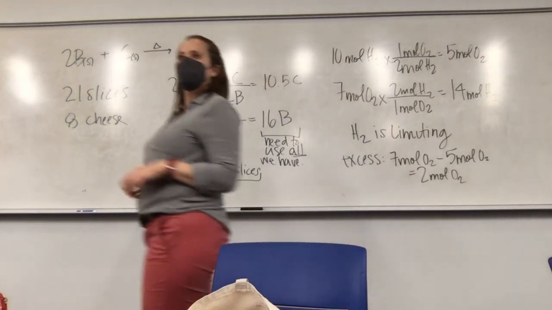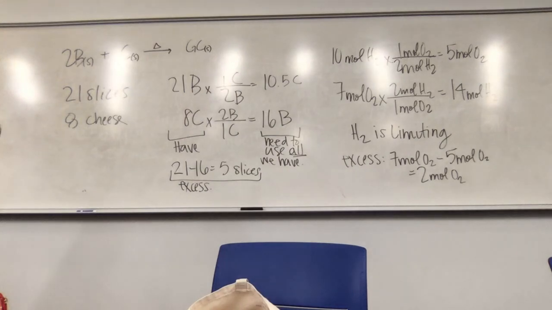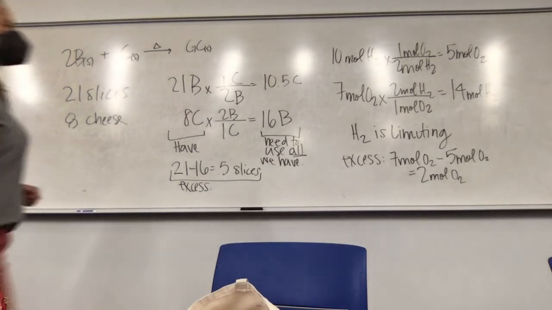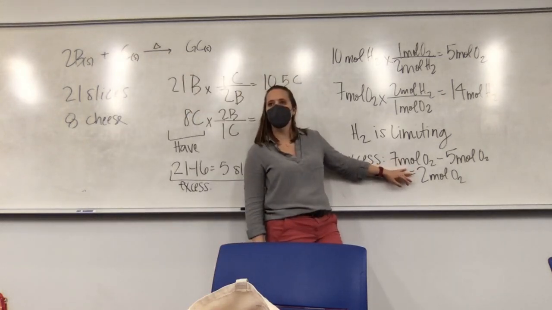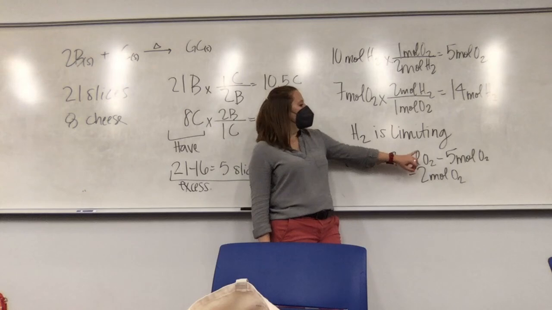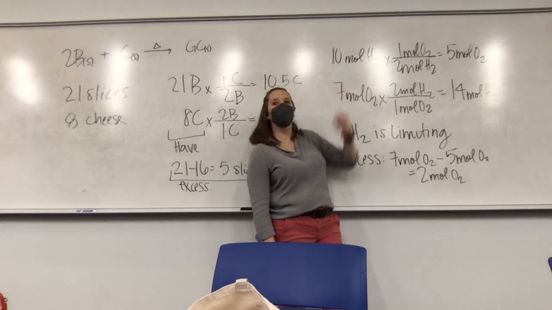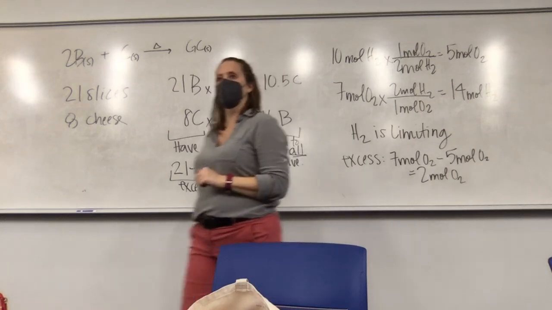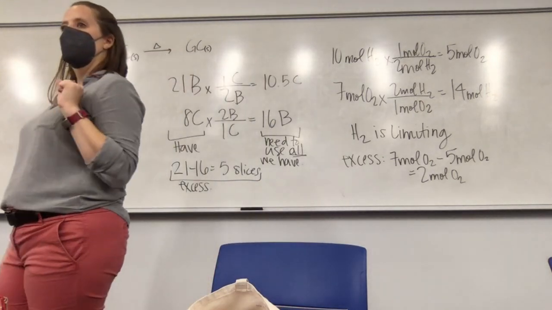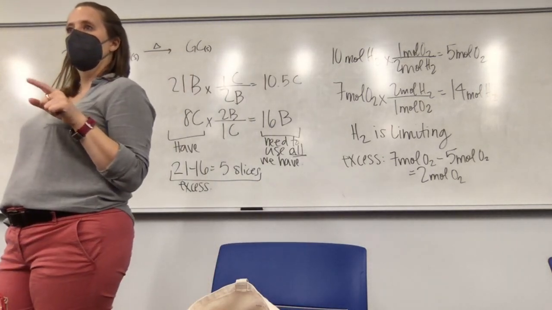Other questions? So, wait, why did you use the numbers that you use in the excess? So in the problem, it tells us that we have 7 moles of O2, right? In order to use up all of the H2, how many moles of oxygen gas are we going to use? 7. 5. Oh.